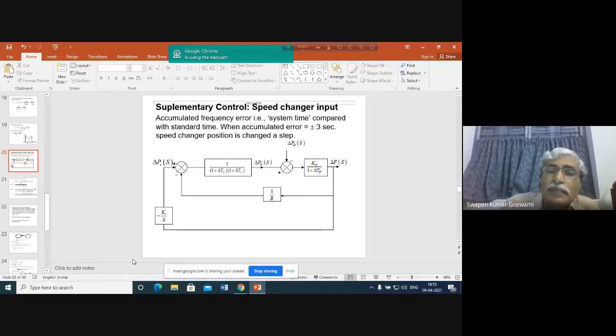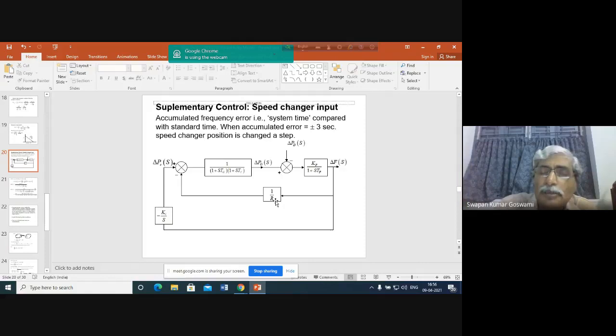Initially, after the change in demand, all the generators in the power system, depending upon their governor action, will take part in the increase or decrease of generation, because this is first. The primary control, this inner loop control, is first. This depends upon the operation of the governor, the time constant of the governor.